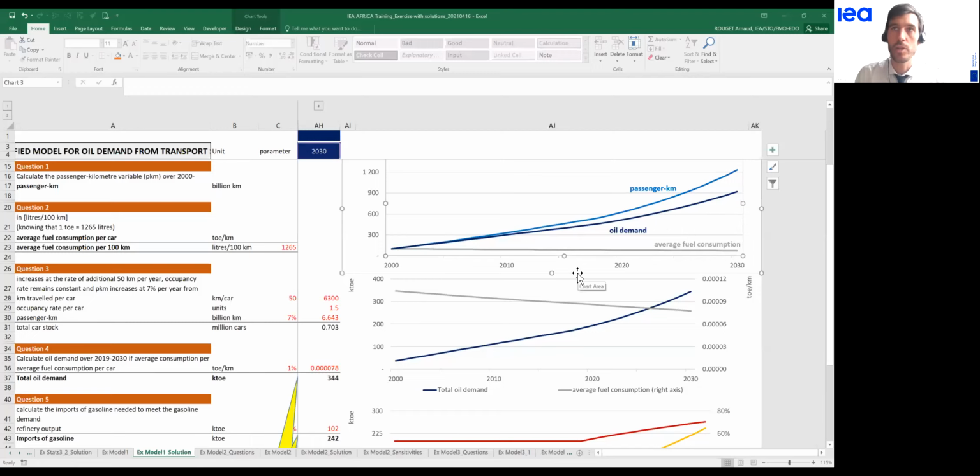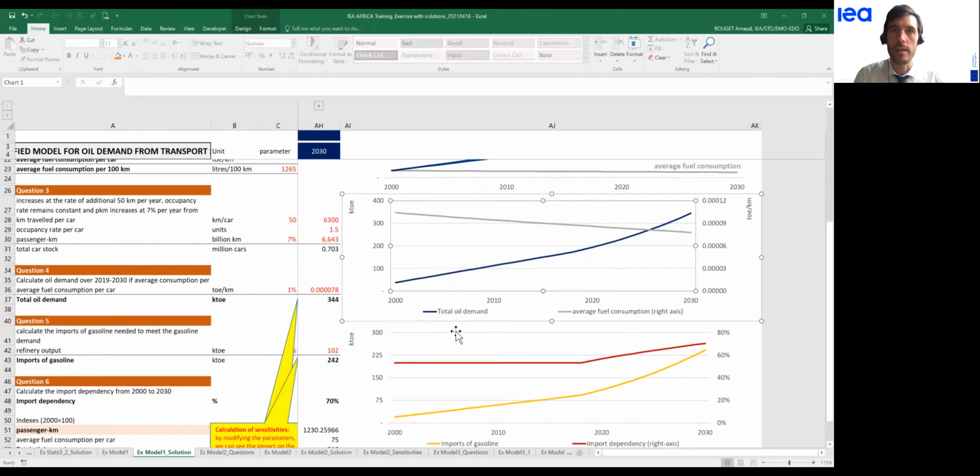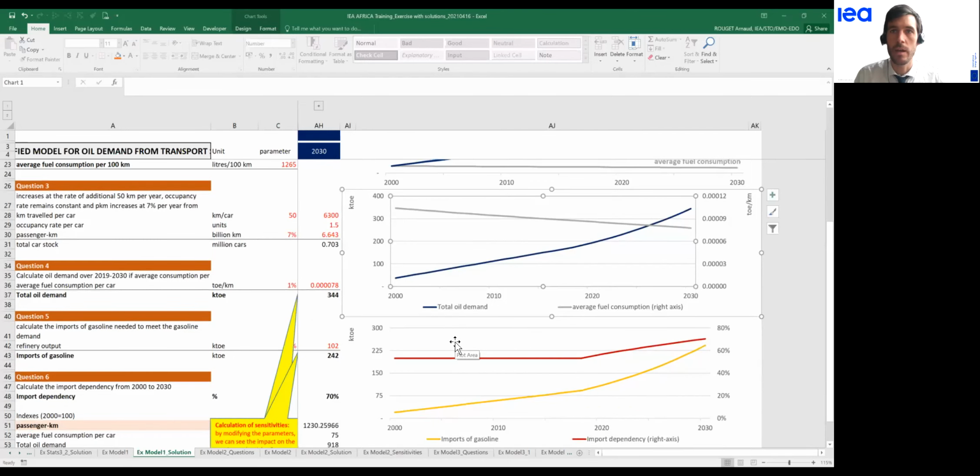Then we can look at the average fuel consumption, and you have a zoom on this second chart with the gray line, which is average fuel consumption decreasing because we have those efficiency improvements year after year.